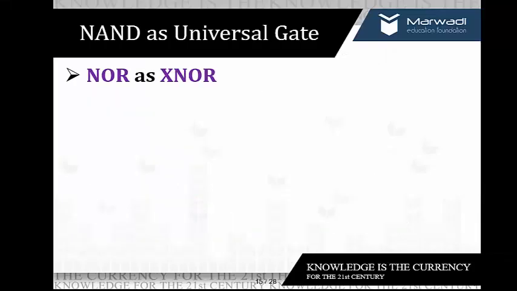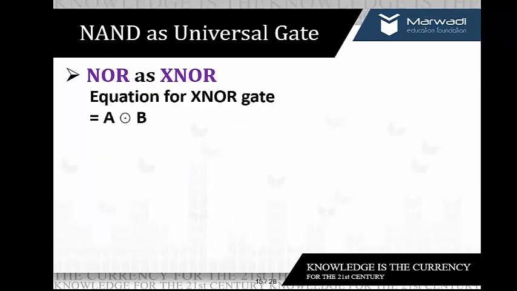And the last is NOR as XNOR gate. The Boolean expression corresponding to XNOR gate is A complement B complement plus AB, which is the equation corresponding to equality detector.